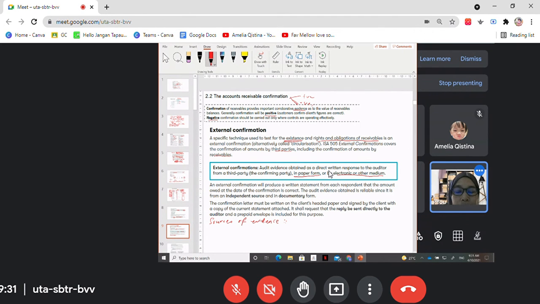Actually, there are three sources. The first is from the auditor. Then from the third party. And the last one?